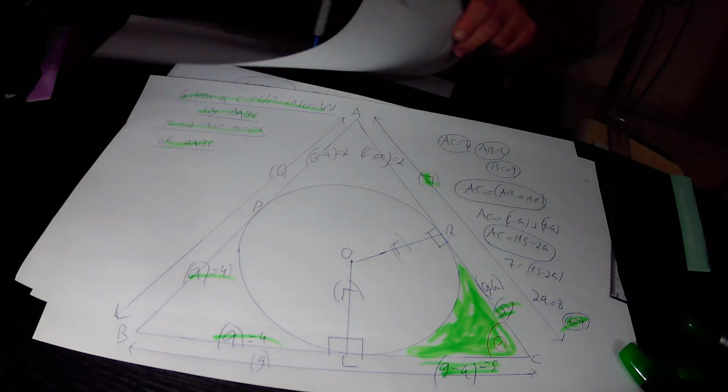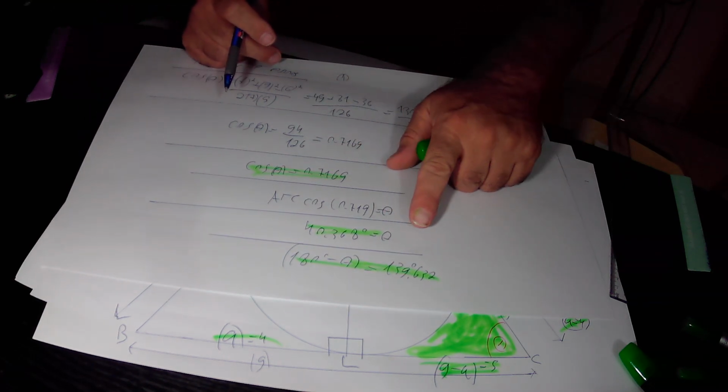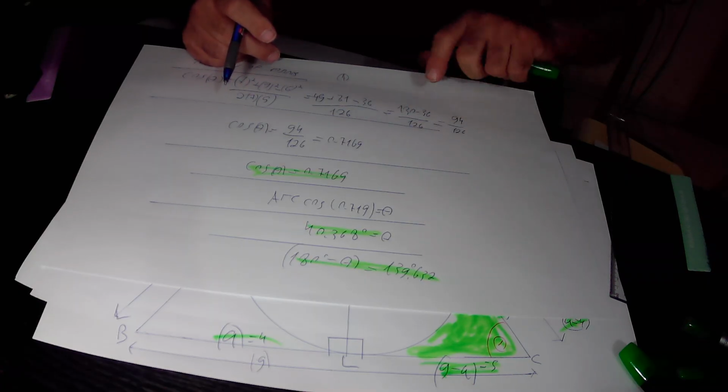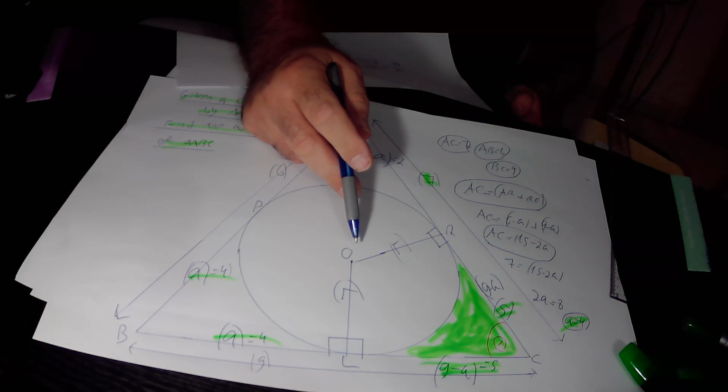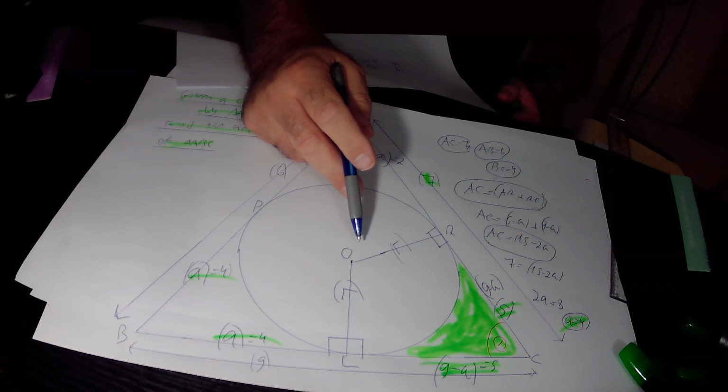But we already found out that 180 degrees minus theta equals 139.632 degrees. So LOQ is equal to 180 degrees minus theta, which equals 139.632 degrees.